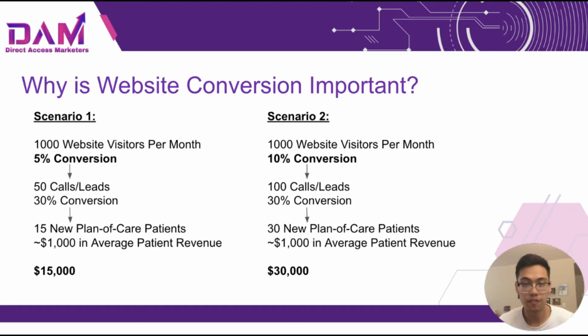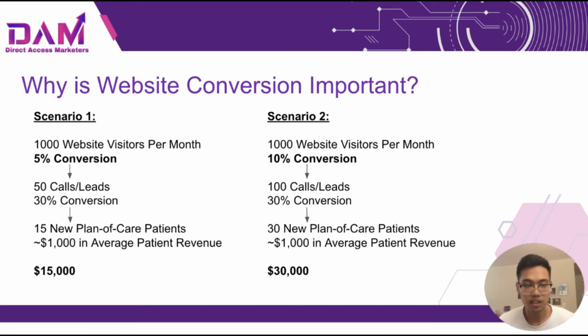Now let's compare that with scenario two, where you're getting the same website visitors per month. You didn't spend any additional dollars on ads. You didn't spend any money on branding or marketing. You only tapped into the existing traffic that's already hitting your website right now.